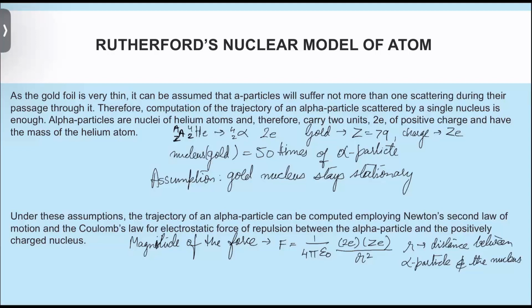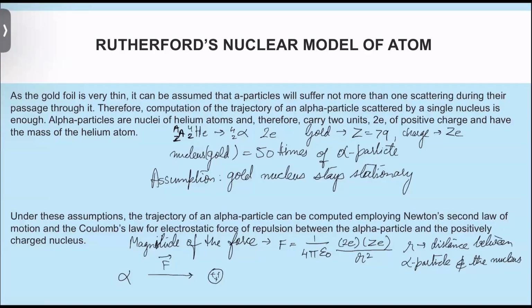The force is directed along the line joining the alpha particle and the nucleus. If this is your alpha particle and this is your nucleus, the force is going to be along this line.